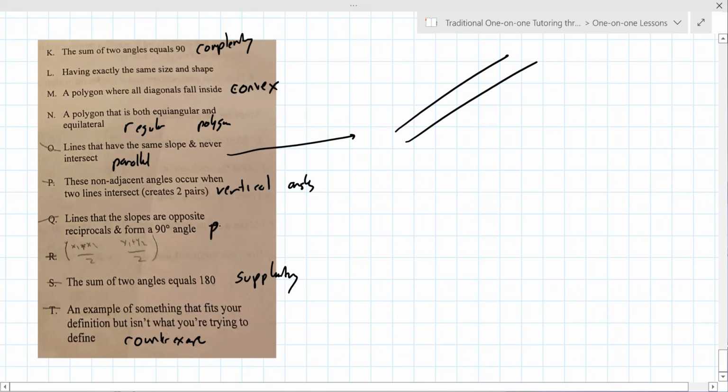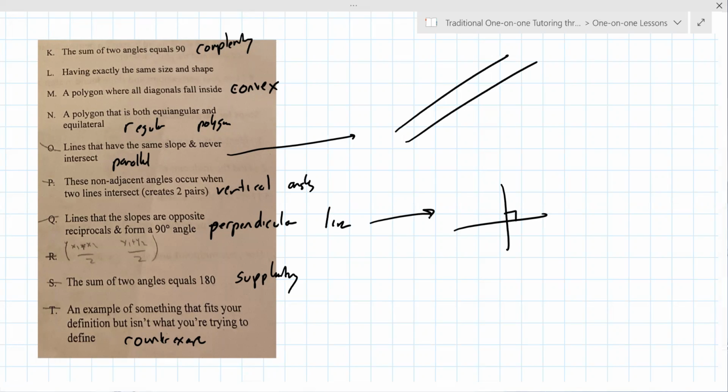Or when two lines intersect, so vertical. Is that just two lines that intersect and create two pairs? Those are vertical angles, because it says the non-adjacent angles. Vertical angles.